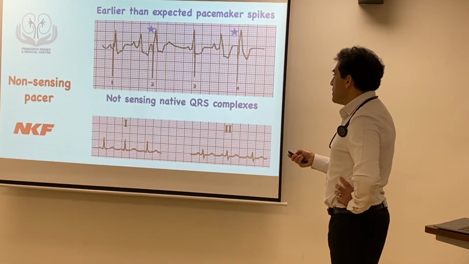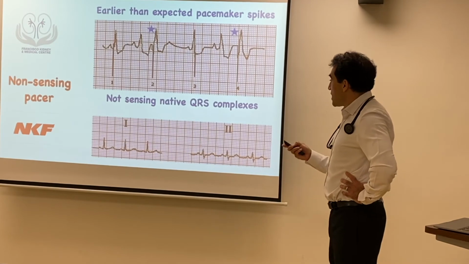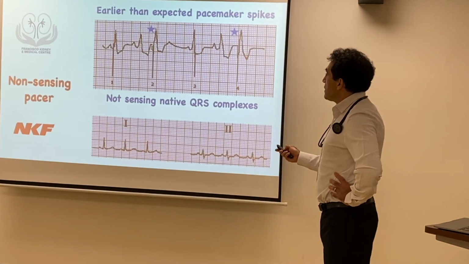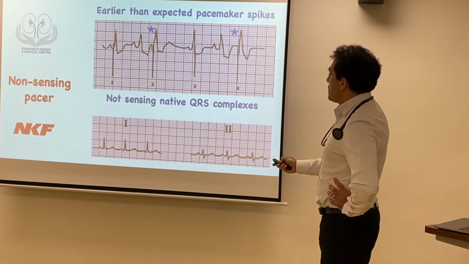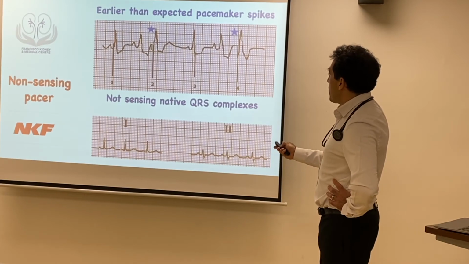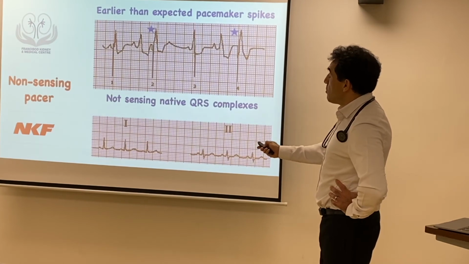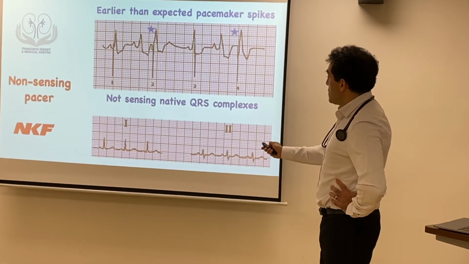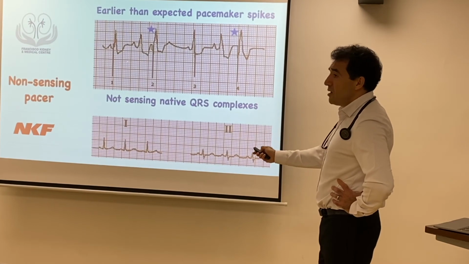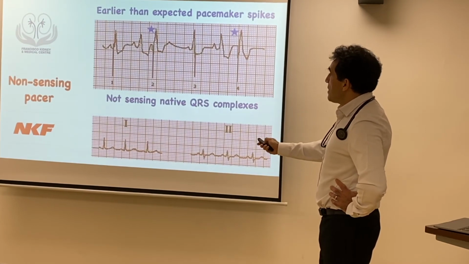One of the problems could be that the pacemaker is not sensing. For example, here there is a spike and spike and spike, yeah? But here there is a QRS complex, and suddenly it keeps firing at regular intervals, even though there was a QRS complex.